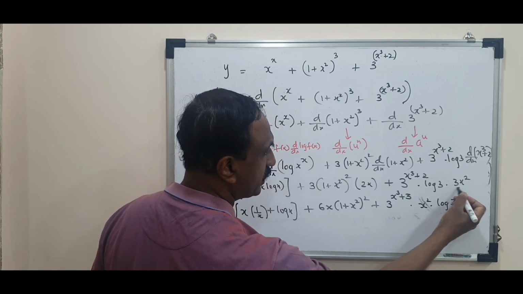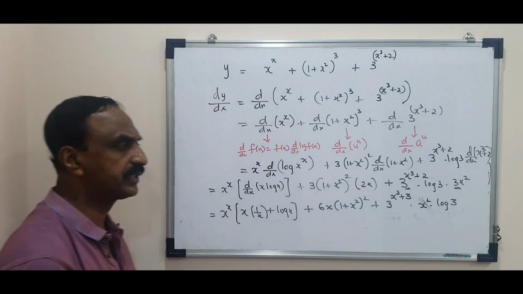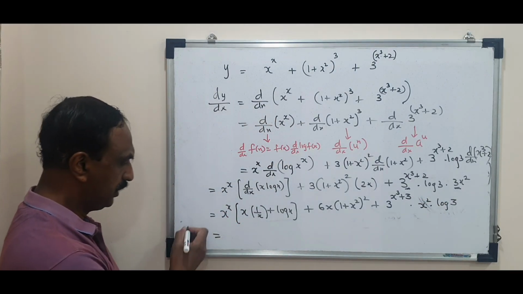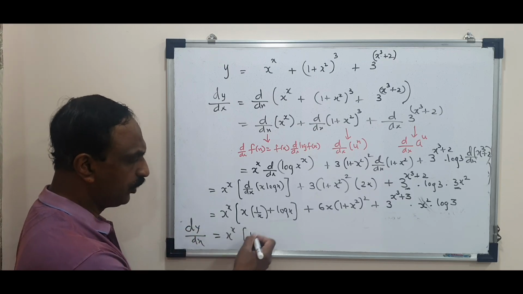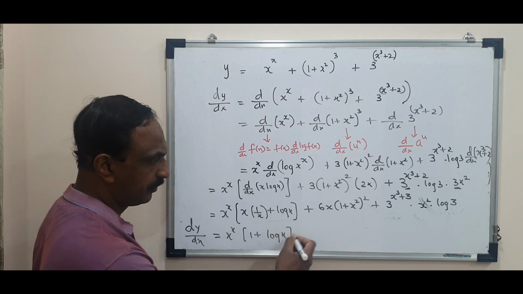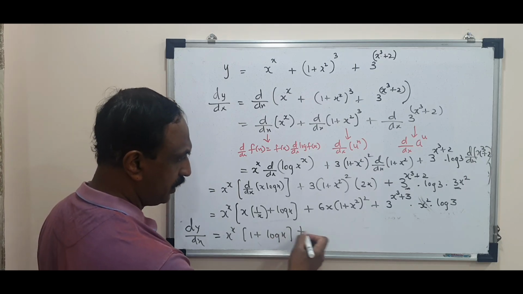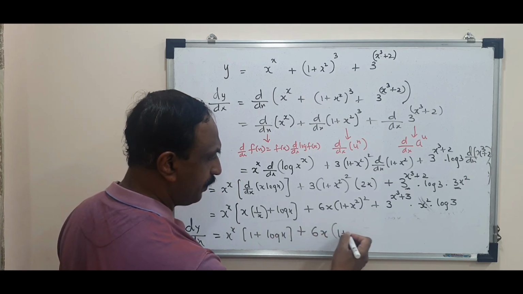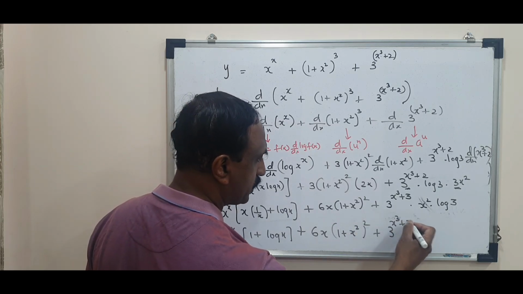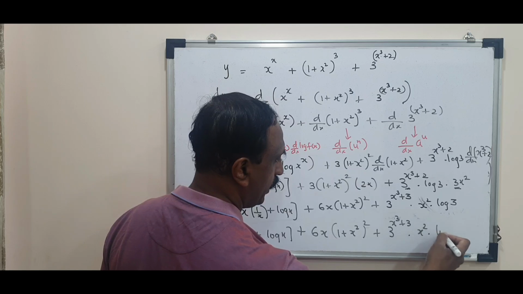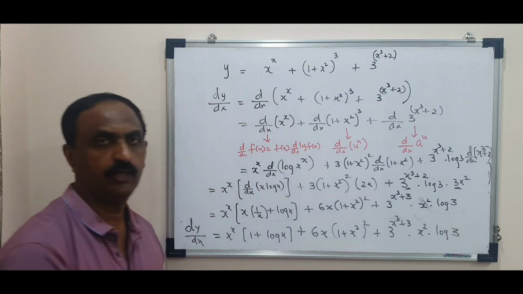So the final answer: derivative of y with respect to x is x raised to x into 1 plus log x, plus 6x into 1 plus x square the whole square, plus 3 raised to x cube plus 3 into x square into log 3. This will be your final answer.